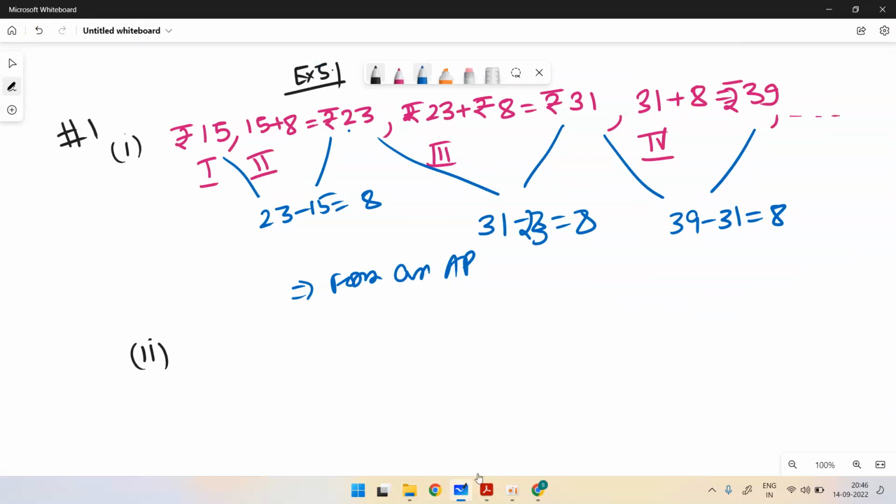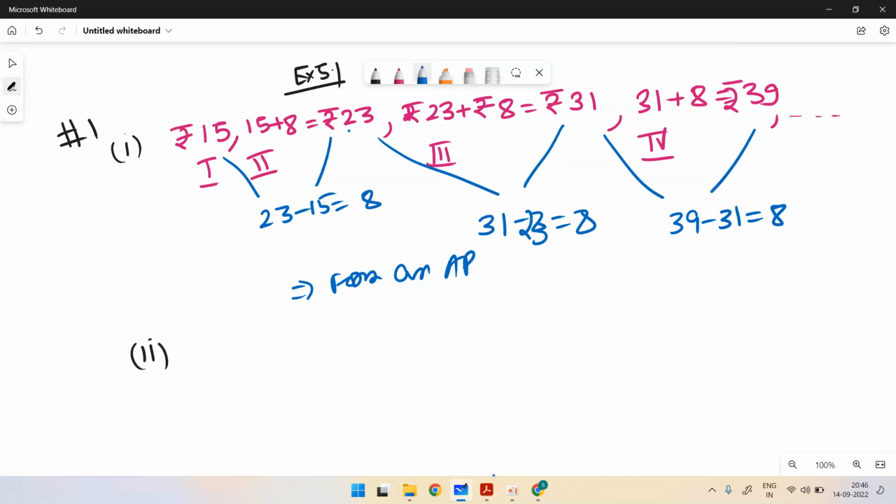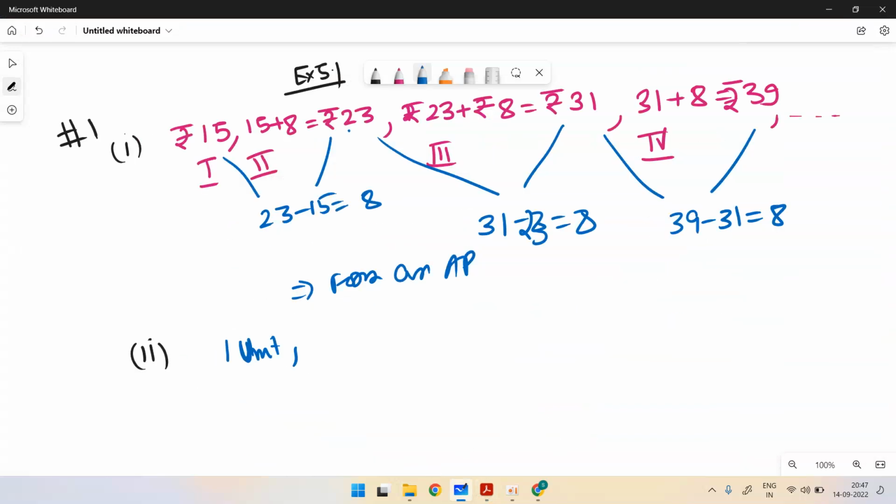Suppose the amount of air present in the cylinder was 1 unit, at zero time. Now for the first time, 1/4 has been removed.